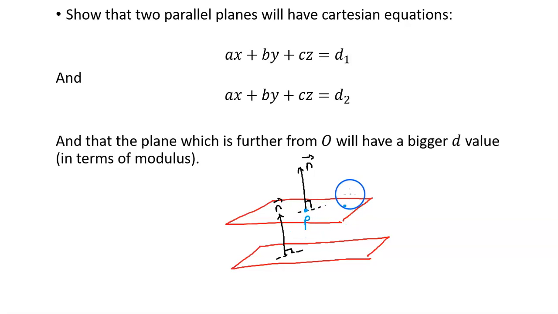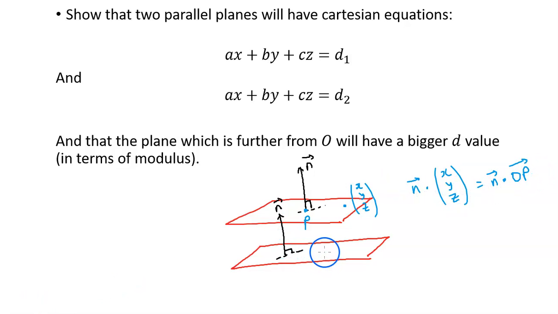And hence, by our calculation before, if we let this be the point P, and then this be the arbitrary point with position vector x, y, z, then we already figured out that n dotted with x, y, z is going to equal n dotted with the vector OP, and that's going to be the d coordinate.